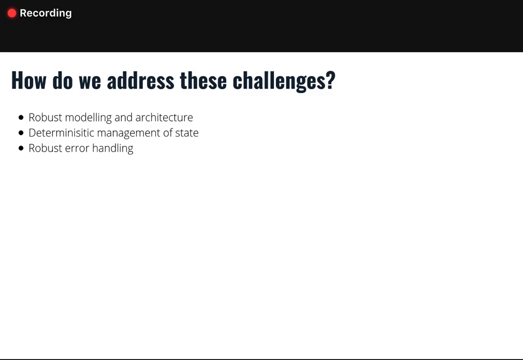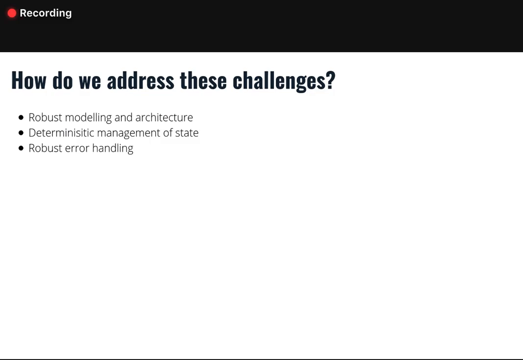Deterministic management of state, so that means that we want to make sure that we always understand the state that the system is in, and that the system is not simultaneously in multiple states. At least to start with. Depends on the model a little bit, and we can model things in a more complex way that makes it slightly less deterministic, but we potentially run into errors when we build non-deterministic systems.